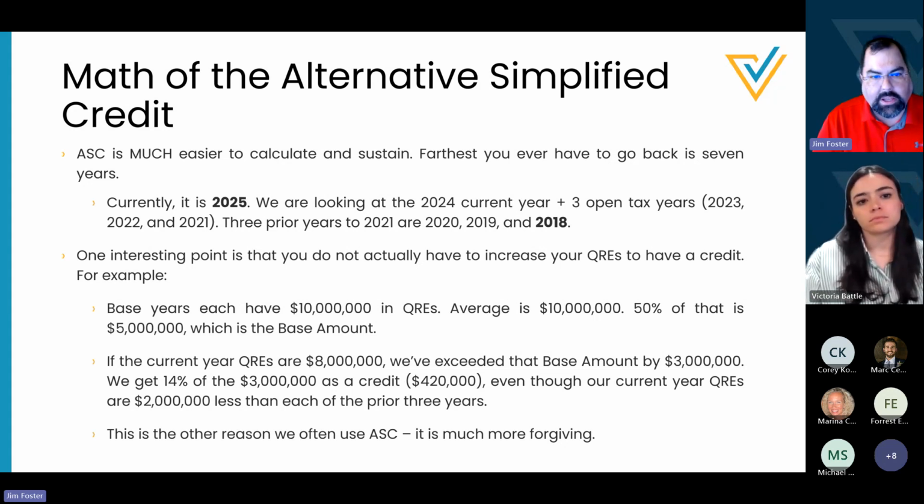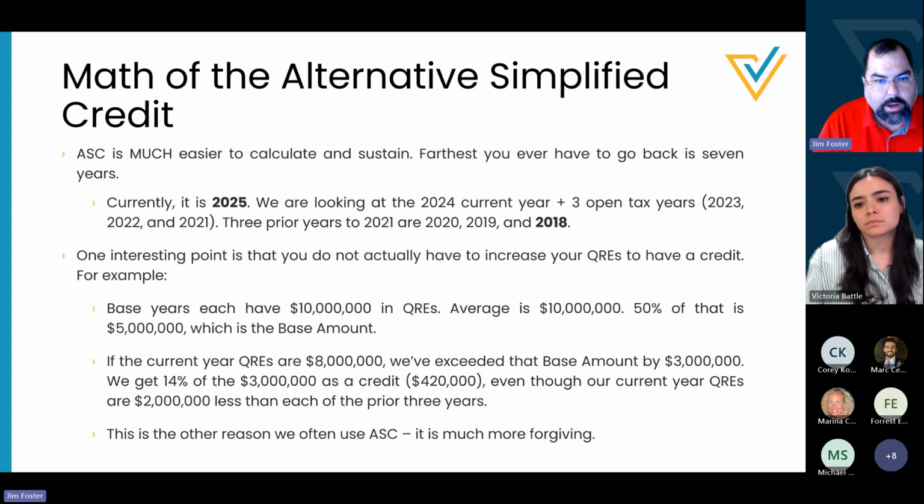So we can look at the 24 tax year plus 3 open tax years going back, the earliest of which would be 2021. 2021's base period would be 2019 and 18. 18 to 25 is 7 years. So the worst case we're looking at is getting information from 7 years ago. And the IRS generally wants you to keep information for 7 years. So this should be something that's very doable.